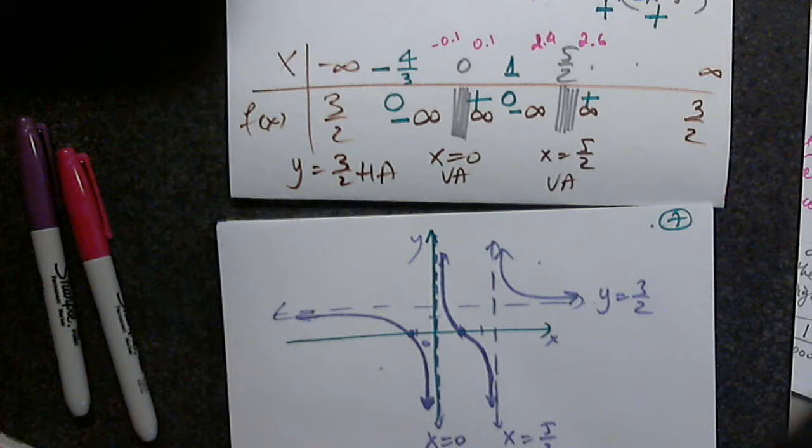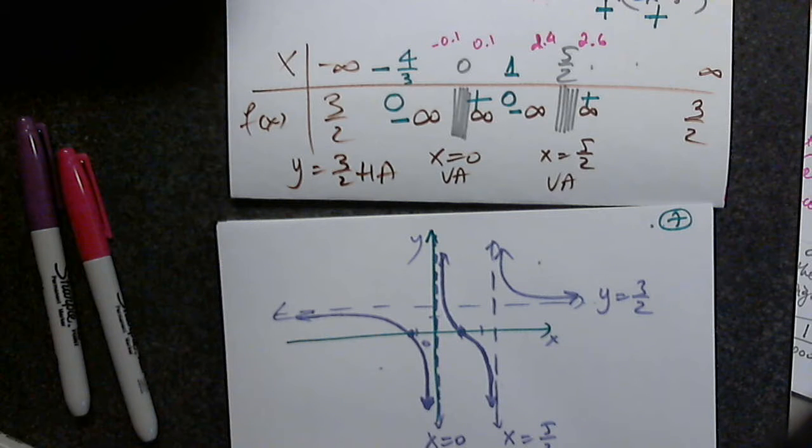The calculator will not put the horizontal asymptote in. What was the horizontal asymptote? 3/2, correct? The horizontal one. Okay, you have to make up another function. So 3 divided by 2.